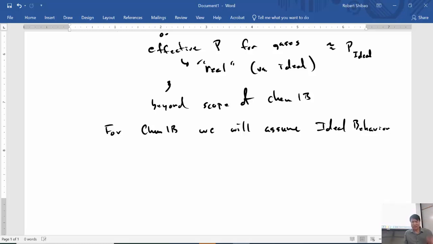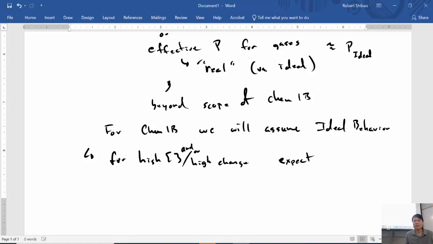What that means is this. For high concentration and or high charge, then expect errors. And the error is going to grow in magnitude the higher the concentration and the higher the charge is.